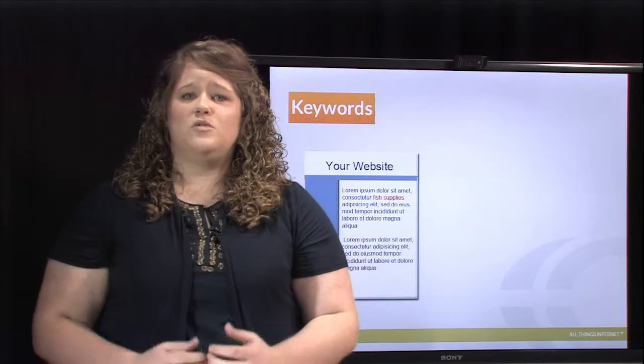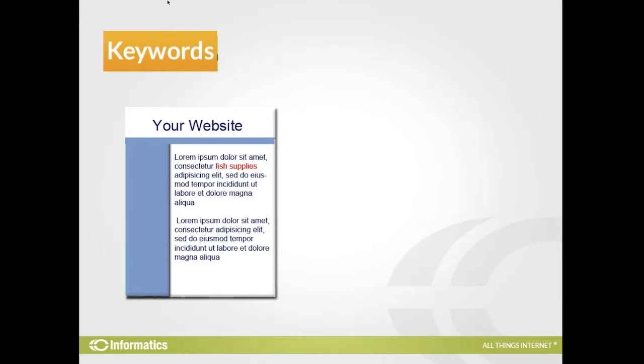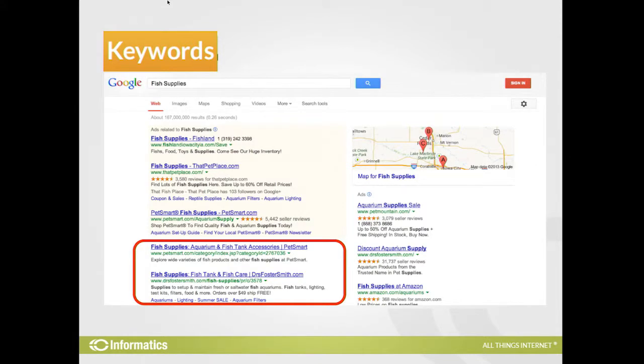So it'll go out to your website, scan the content to determine the depth and frequency of that keyword on your website. In addition to your website, they're also looking at the millions of other websites out there, again, to determine which websites use that keyword the most and is the best resource for that user. Based on all of that analysis, they return results, as you can see in this red box, for that selected keyword.